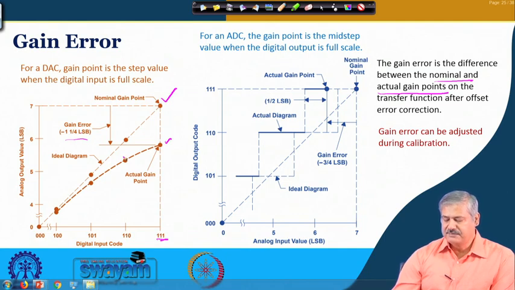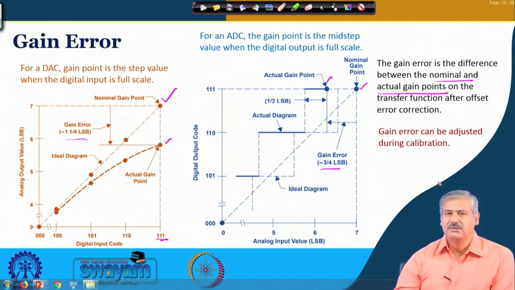For the ADC, this is again the nominal gain point, but you can see that the actual gain point has come over here, right. So it has reached this place. This is the difference, that is the gain error, and if you calculate, you can see that for this particular example it is minus 3 by 4 LSB. Okay. So this is the gain error.